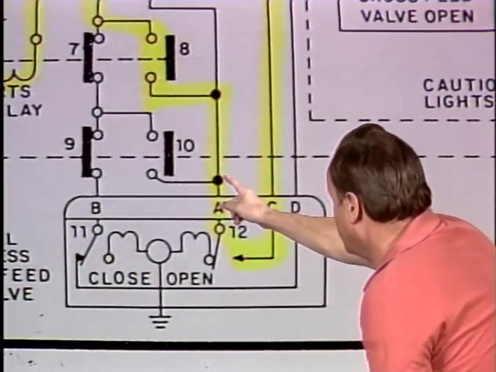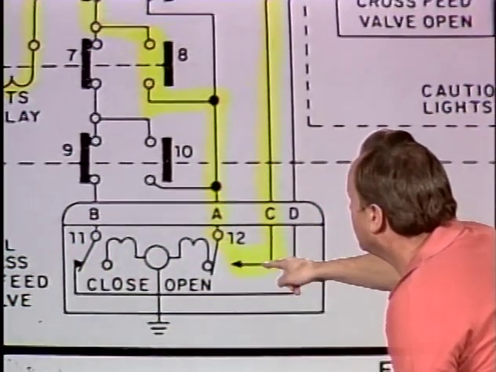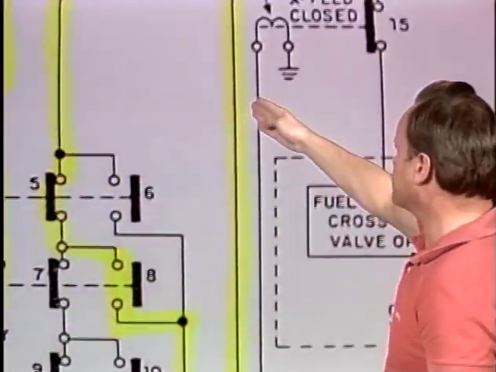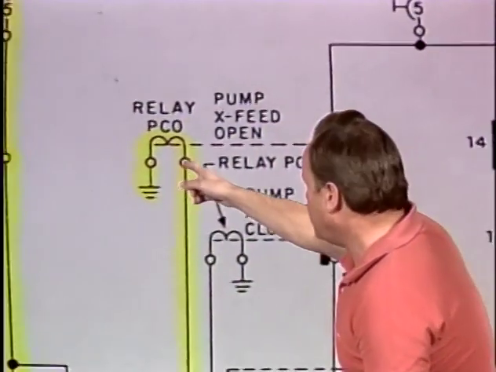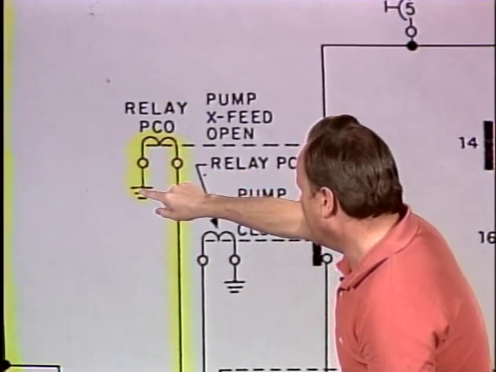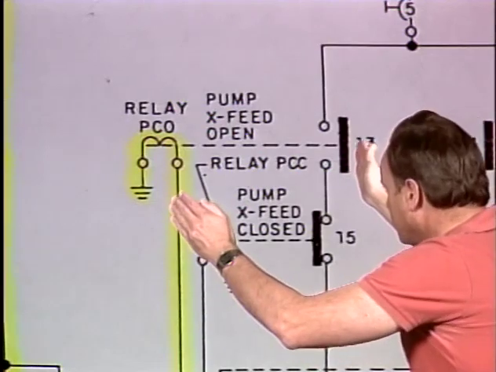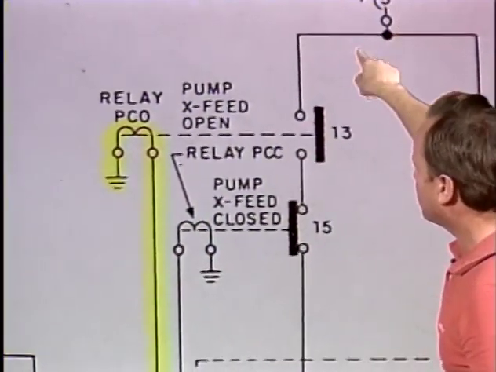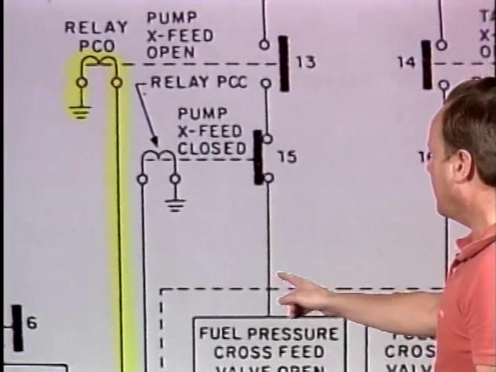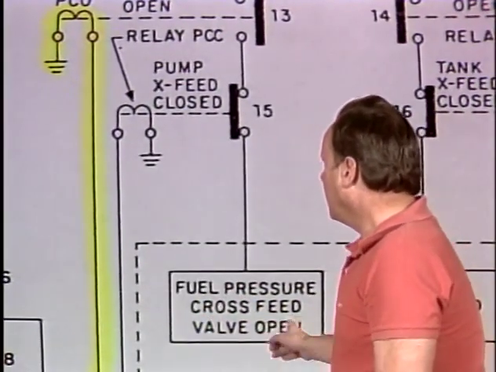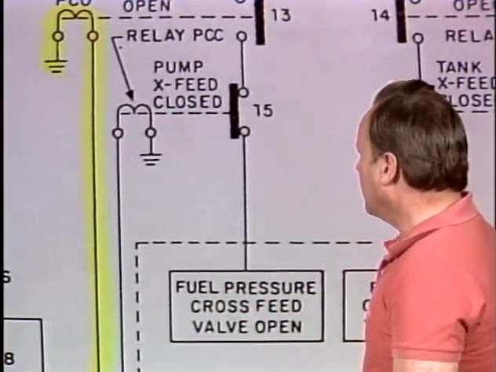Now, since switch 12 is closed, we're going to go this route back up through terminal C, and the PCO relay is energized. And when the PCO relay is energized, switch 13 is closed, and power comes from the bus right through here, and then the fuel pressure crossfeed valve light would be open in that particular case.